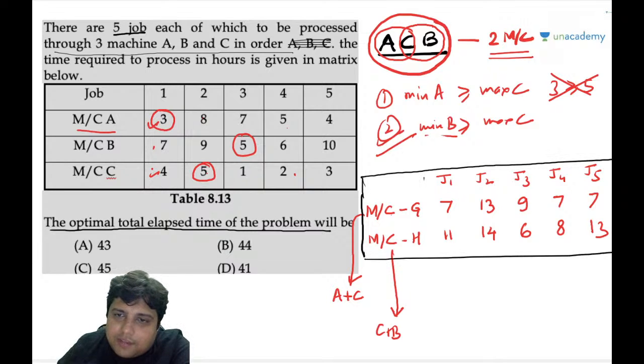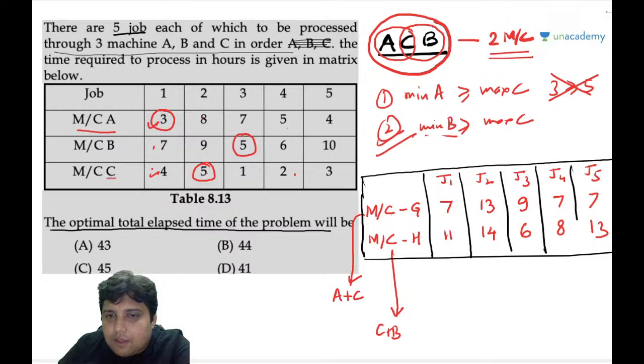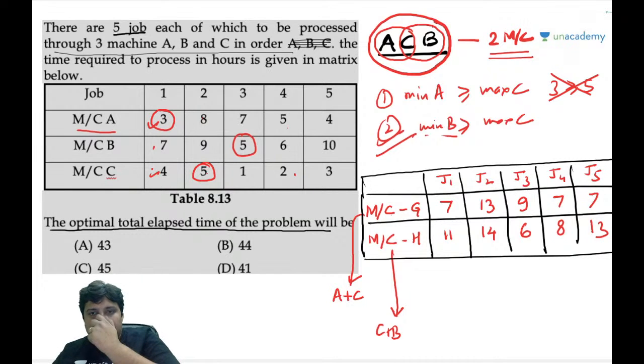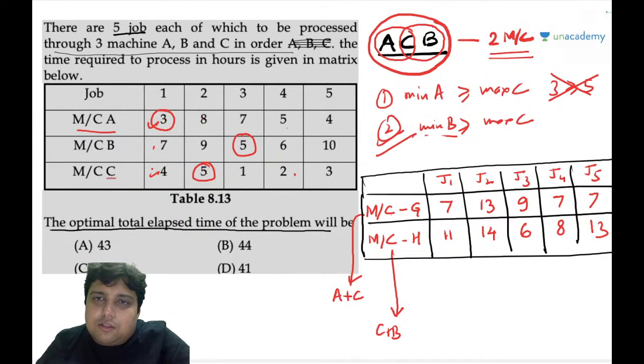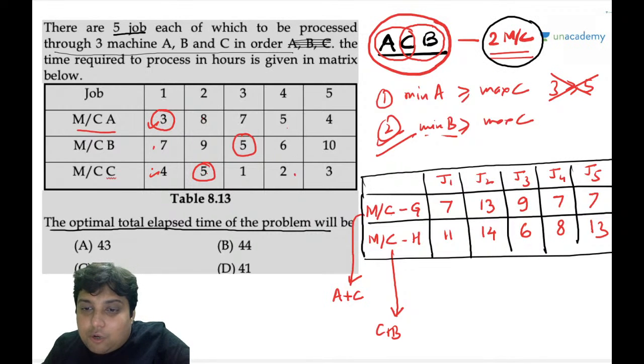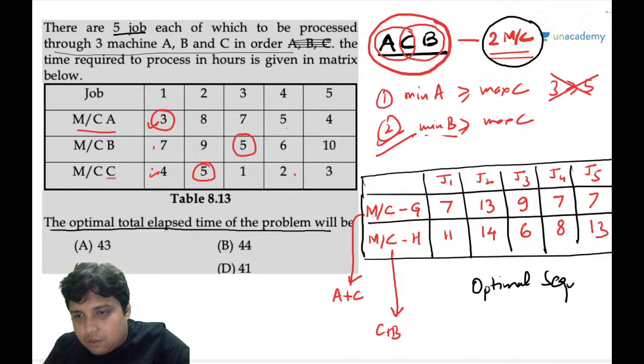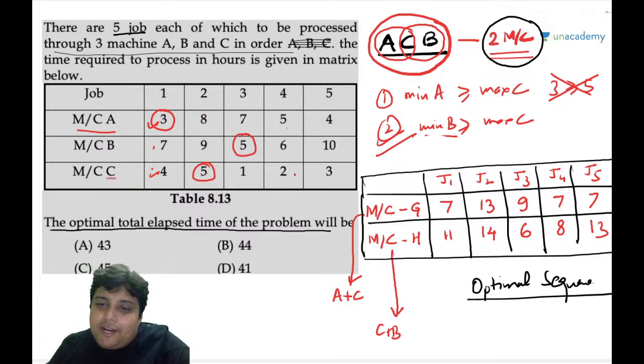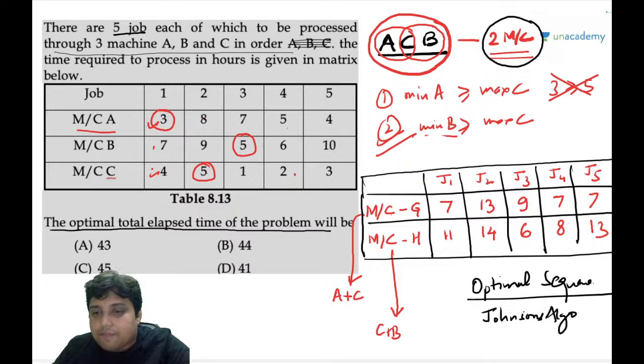And remember guys, always remember that we are converting the 3 machine problem into 2 machine problem only to find the optimal sequence via Johnson's algorithm.